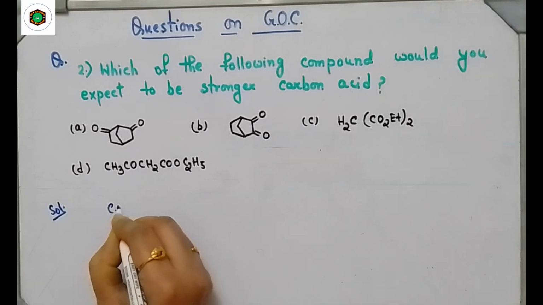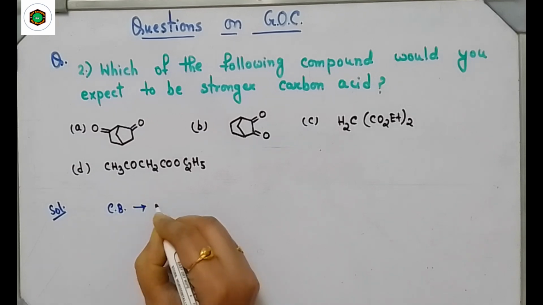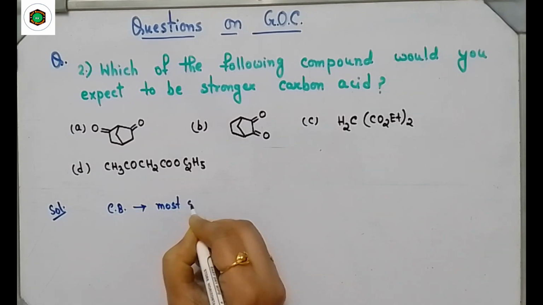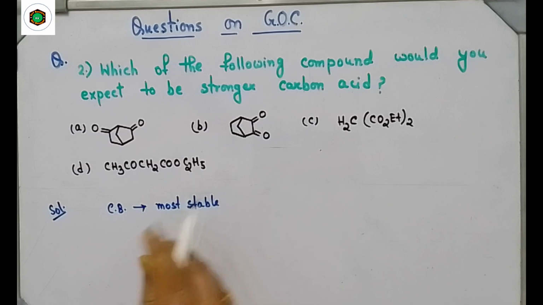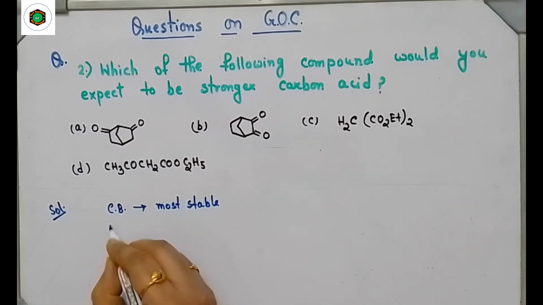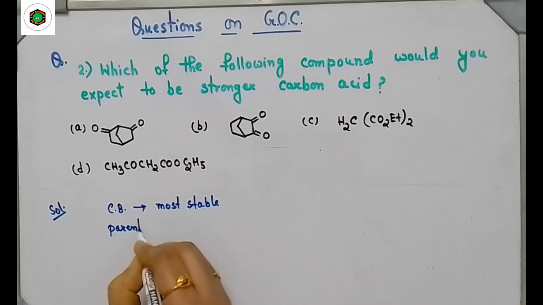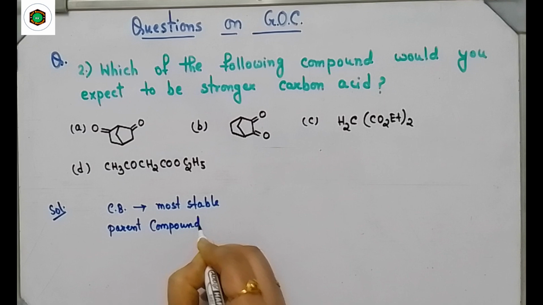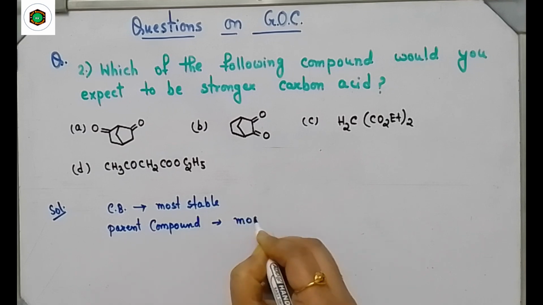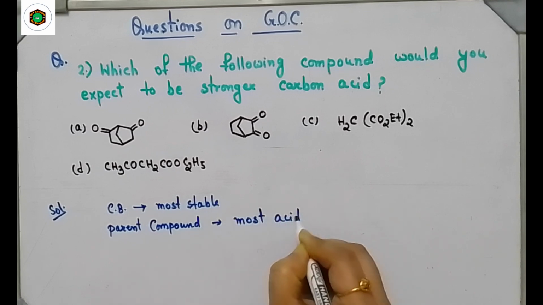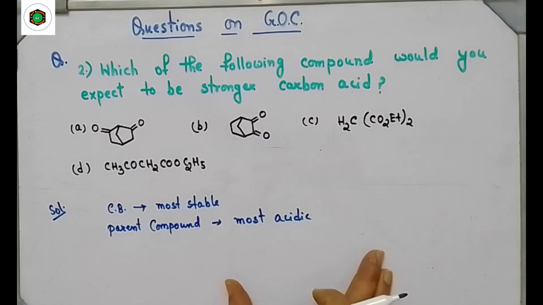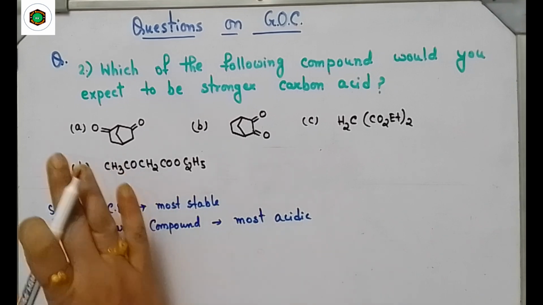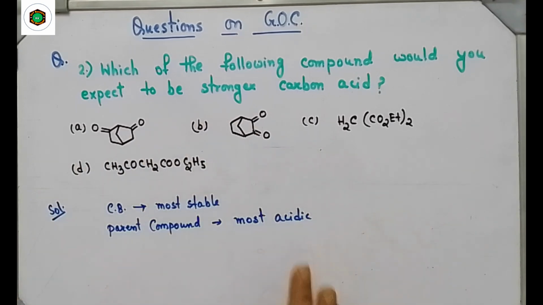That means, if the conjugate base is most stable, its parent compound is most acidic. So what we have to do? We have to compare the stability of the corresponding conjugate bases of these compounds. So one by one we will see.